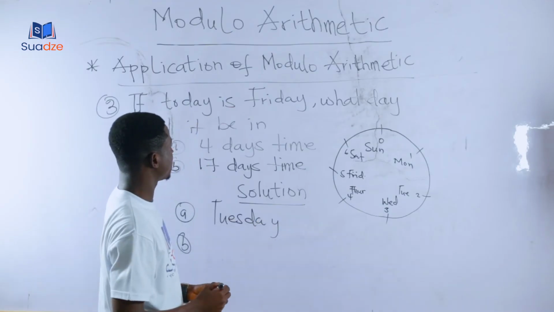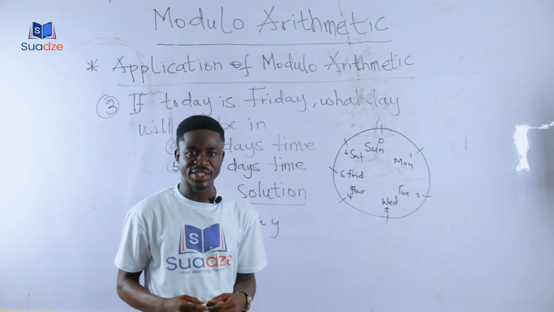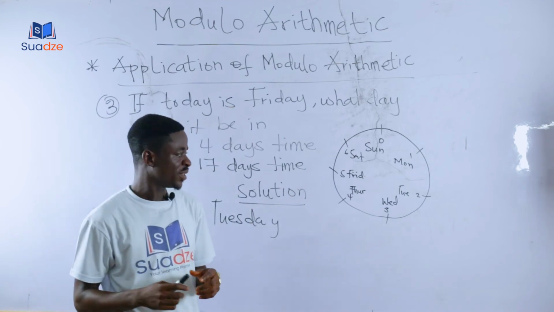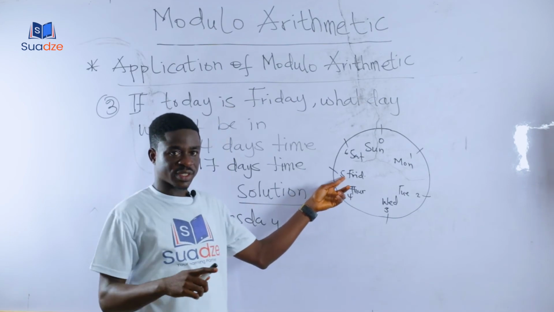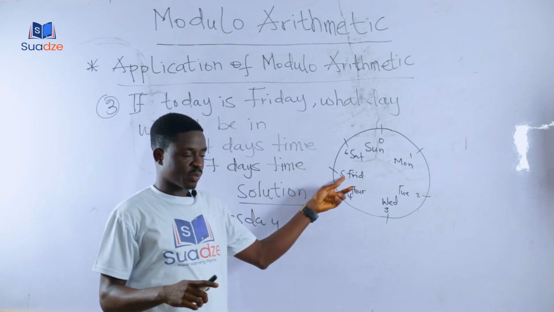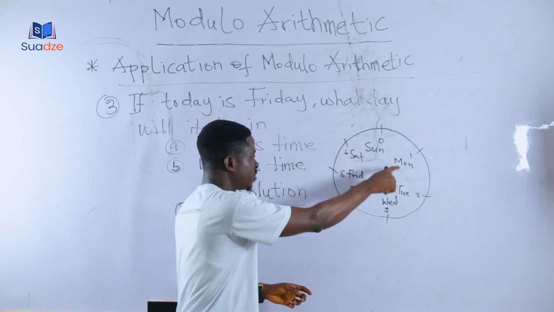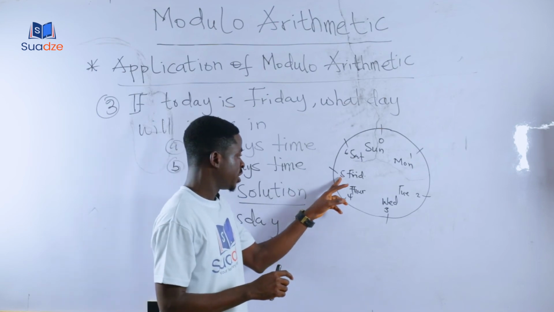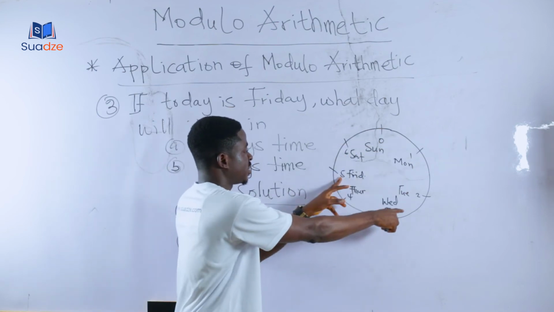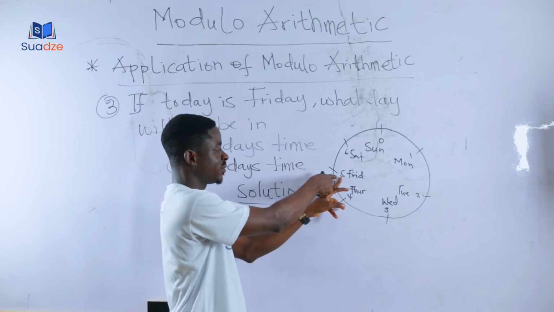If today is Friday, what day will it be in 17 days' time? So we are going to stand at Friday and then count 17. But in order not to waste your time, you know that from Friday to the other Friday, it's 7. So from here, we count 7 days' time, we'll be here, which is the next Friday.